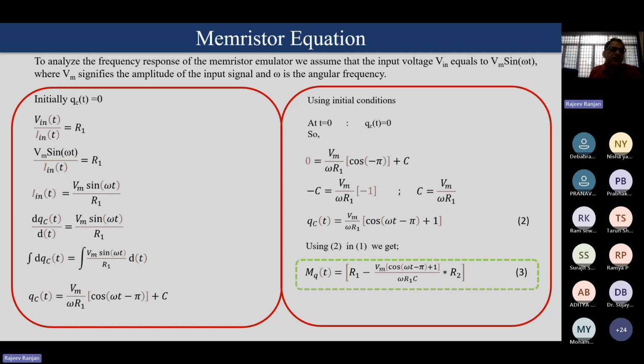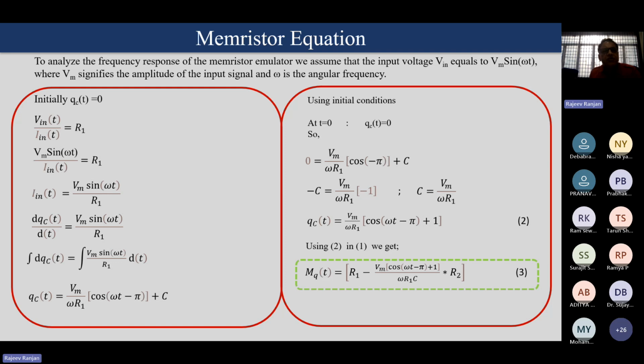So I_in equals Vm sine omega t upon R1, and dqc upon dt equals Vm sine omega t upon R1. Integrating, qc(t) equals minus Vm upon omega R1 cos omega t plus C. Using the initial condition qc(0) equals 0, we get C equal to Vm upon omega R1.